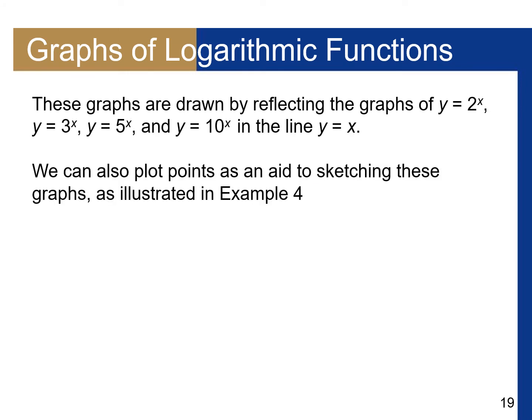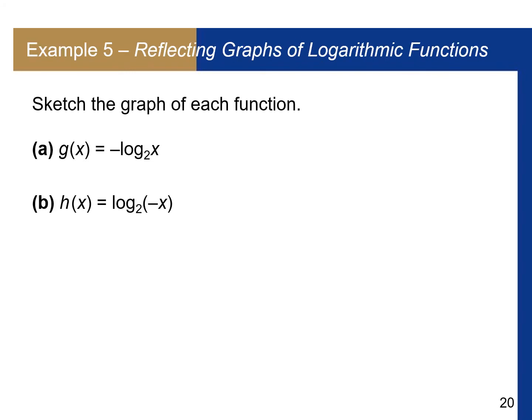So these graphs are drawn by reflecting the graphs about the line y equals x. So let's take a look at sketching the graph. Notice the first one is showing you the reflection of the whole thing is negative, and the second one is when we're going to reflect the x first.